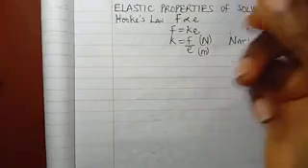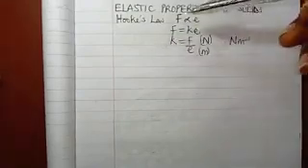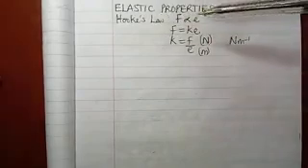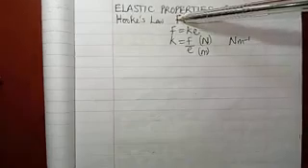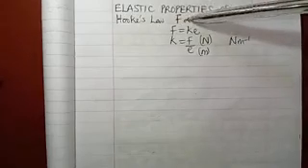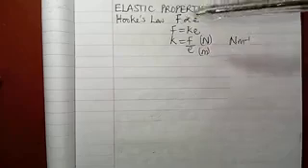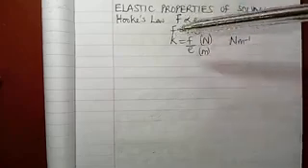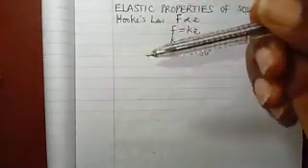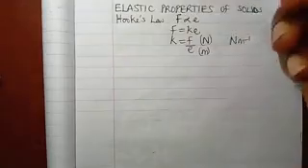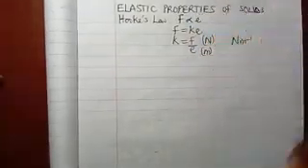So let me state again that Hooke's law states that the applied force or load on an elastic material is directly proportional to the extension, provided that the elastic limit is not exceeded. So we talk about the elastic limit being exceeded. What if it's exceeded? What happens? This leads us to force-extension graphs.